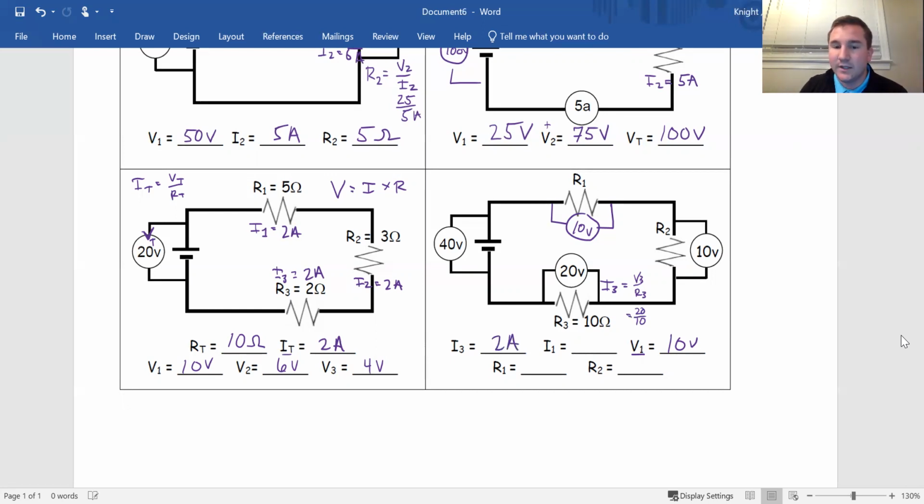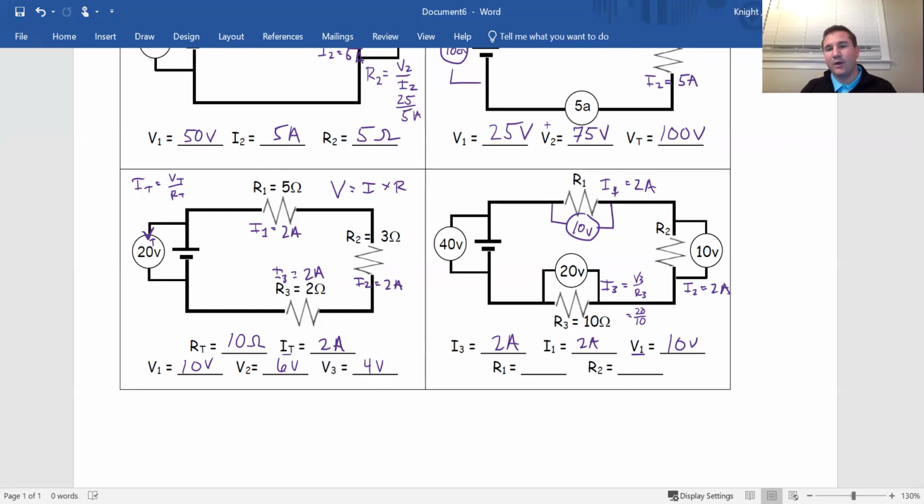And once we know the current, and this is a series circuit, current is the same everywhere. So this is also 2. So current here is 2, I1 equals 2, I2 equals 2, everything equals 2. Everything has a current of 2. So we got 2 amps for the current. We got 10 volts for the voltage over this guy. Now we can go ahead and solve.